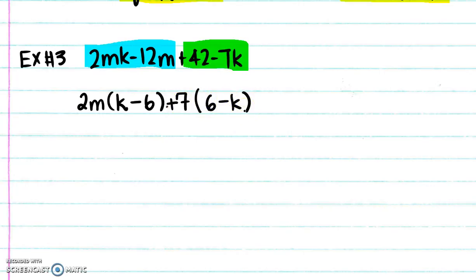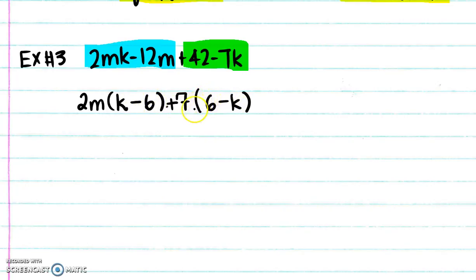So like I said before, these factors in parentheses need to be exactly the same. They look kind of the same, but let's examine them and see if they really are. That k is positive. Over here the k is negative. So you can see that actually these signs are exactly opposite, because this 6 is negative, this 6 is positive.